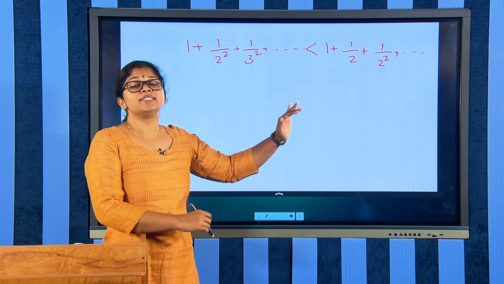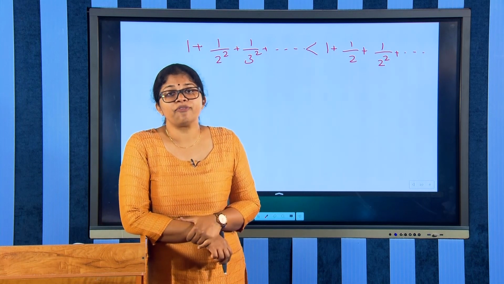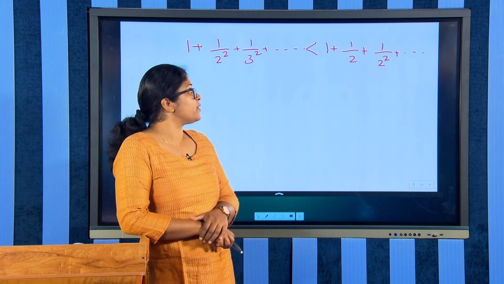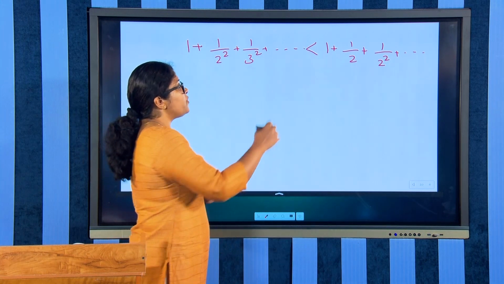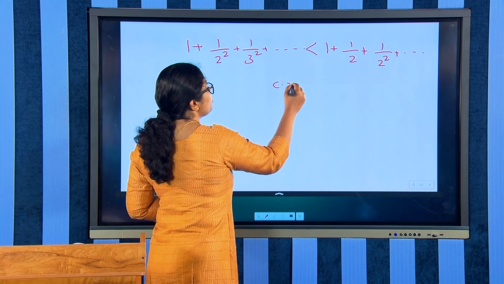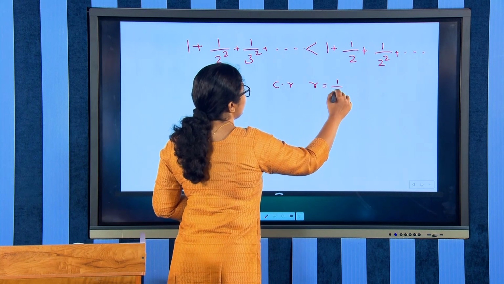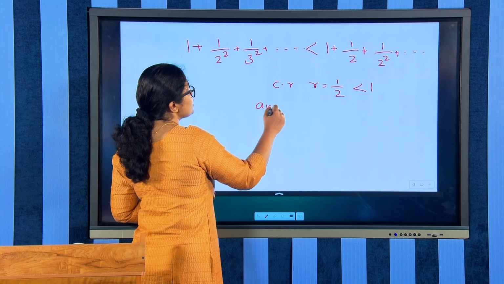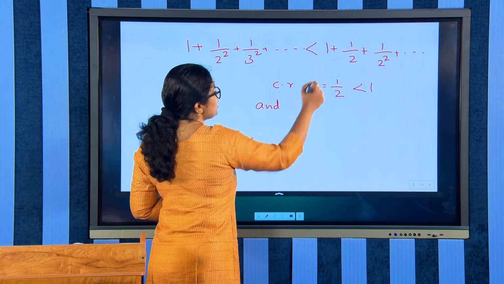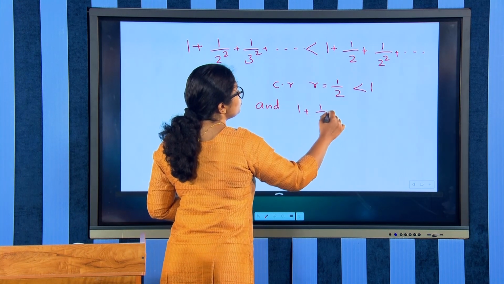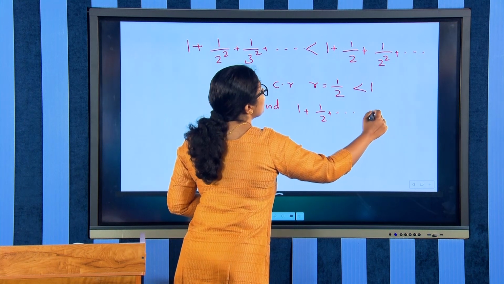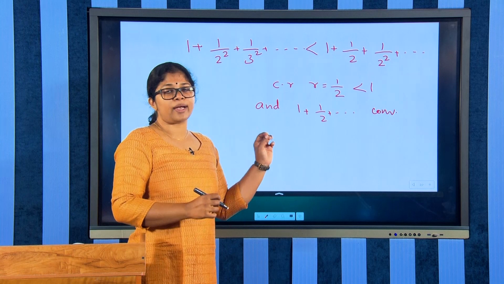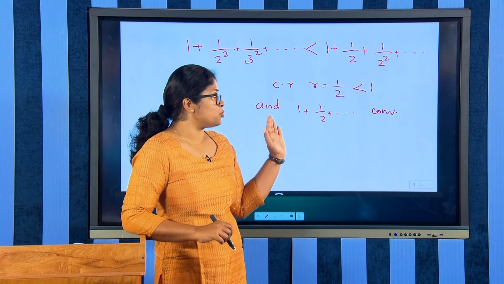Now, look at the right side series. That is a very famous series, which is the geometric series we have already discussed in the previous class. Geometric series with common ratio r equal to 1 by 2, which is less than 1, and we have seen in the last class this series 1 plus 1 by 2 plus etc. converges to a finite value which is exactly equal to 1 by 1 minus 1 by 2, that is 2.